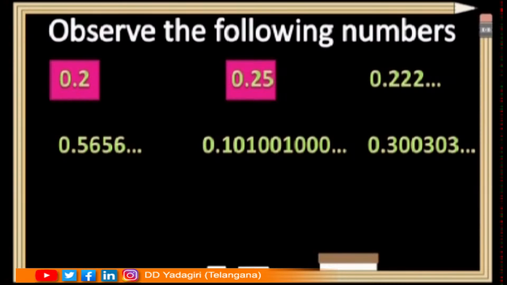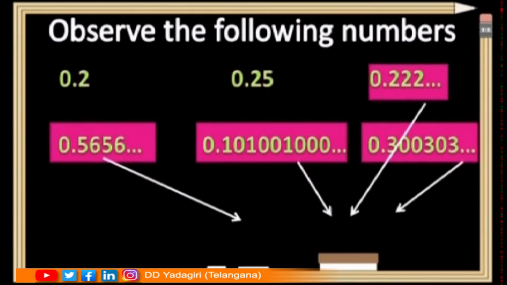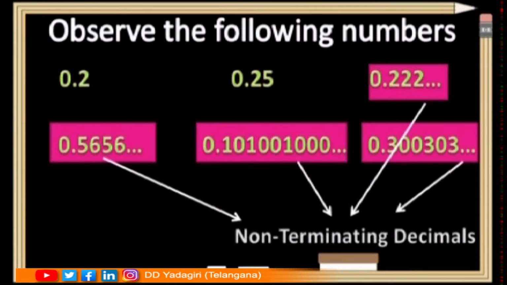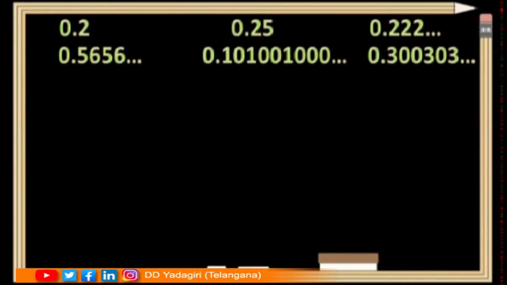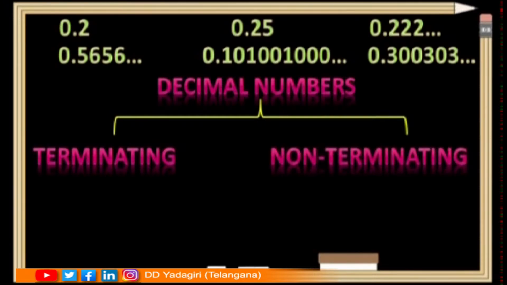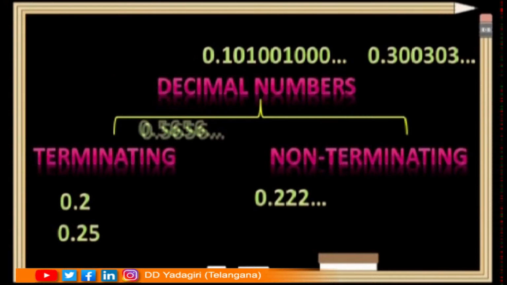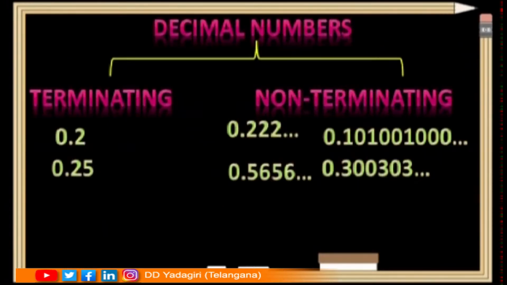Yes. The first two numbers are terminating decimals and the next four numbers are non-terminating decimals. We can write like this: decimal numbers are of two types here, terminating and non-terminating. The first two come under terminating and the next four come under non-terminating.